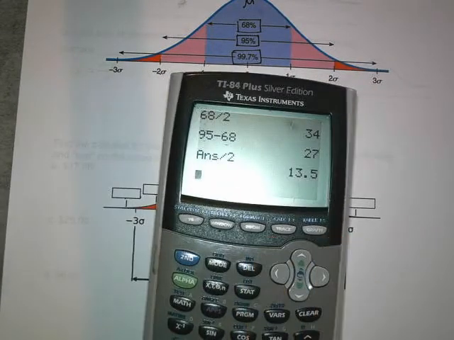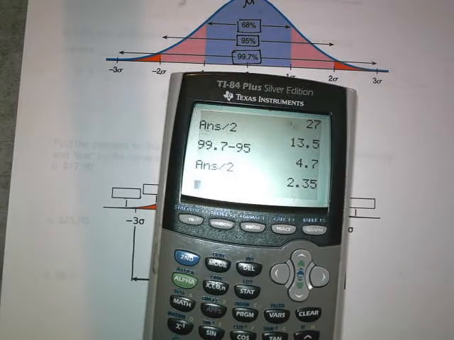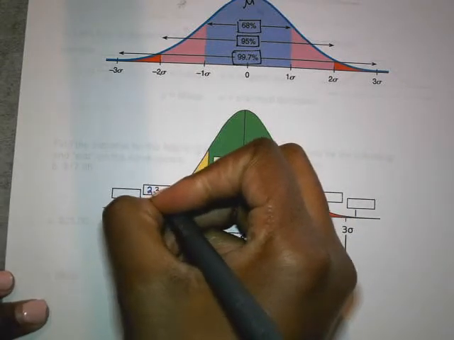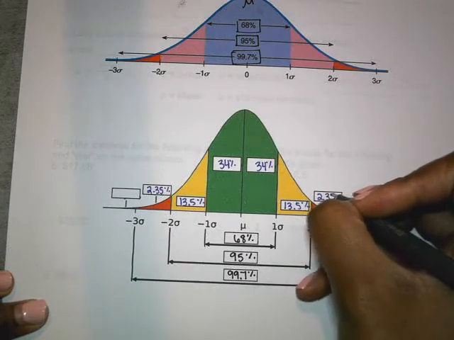All right, then I'm going to move on to the third tier. 99.7 minus 95% is 4.7. If I divide by 2, I get 2.35%. So this piece here is 2.35%, and this is 2.35%.